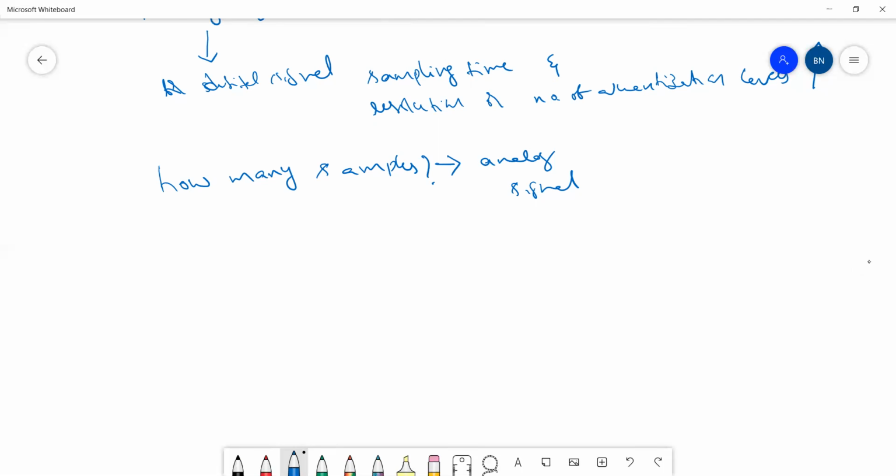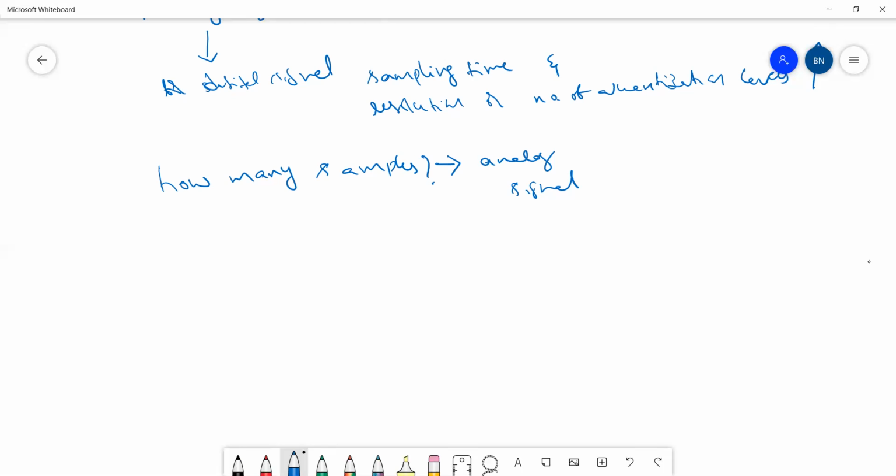Okay, so what we have to make sure is that in order to get an accurate digital signal, we have to increase the number of samples.